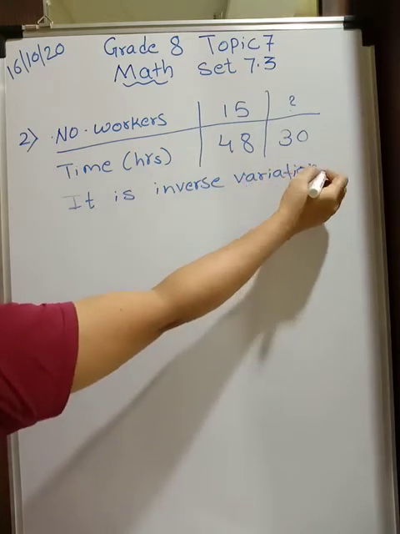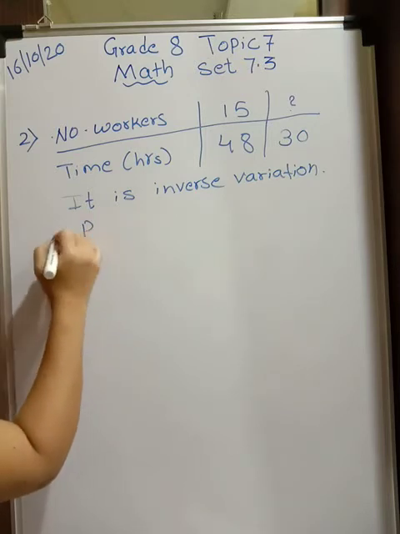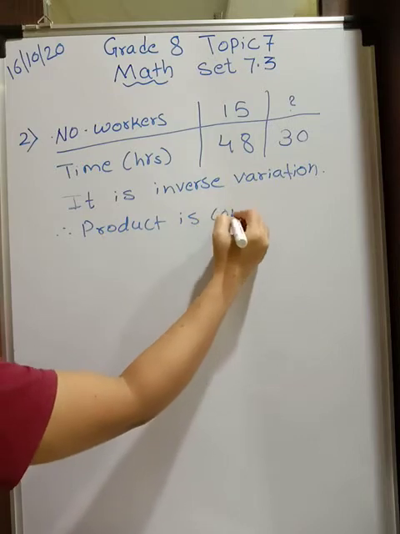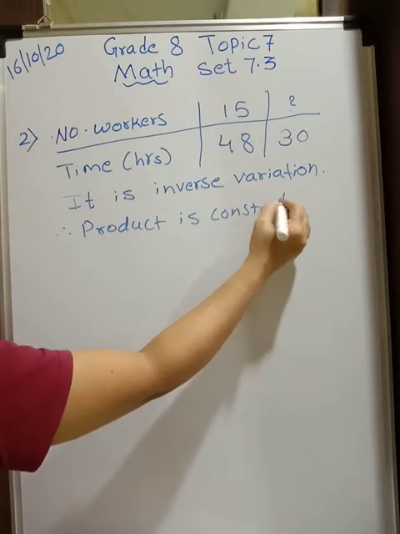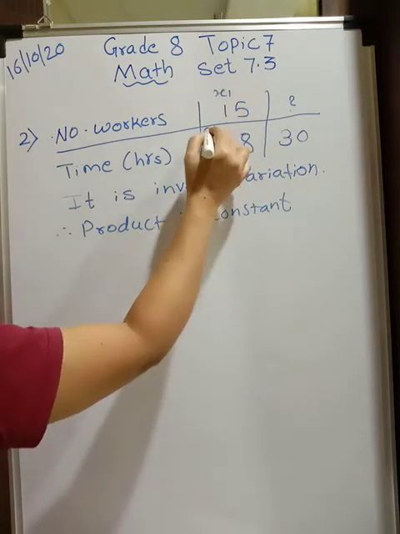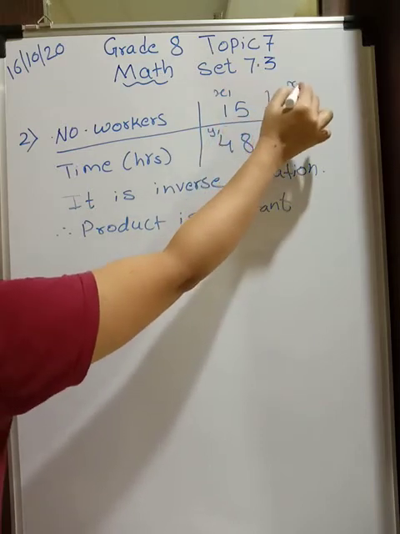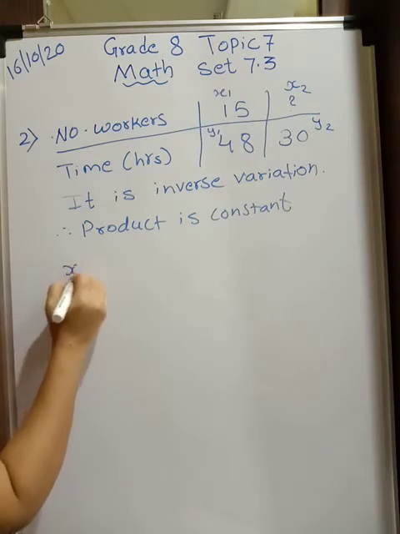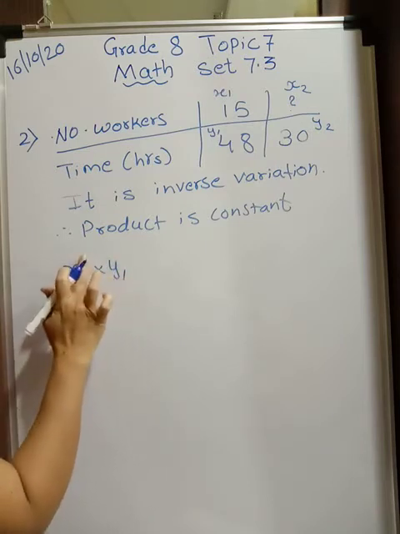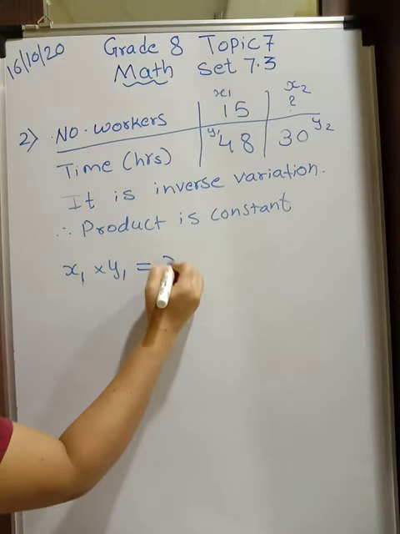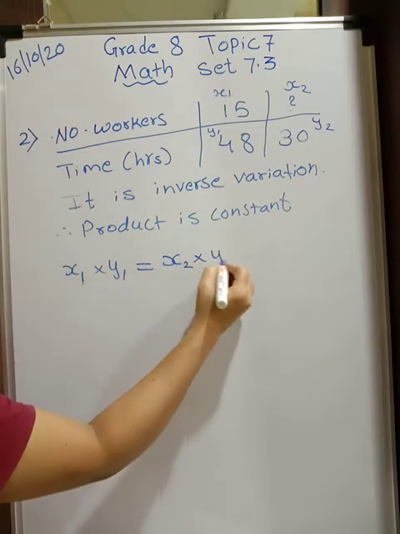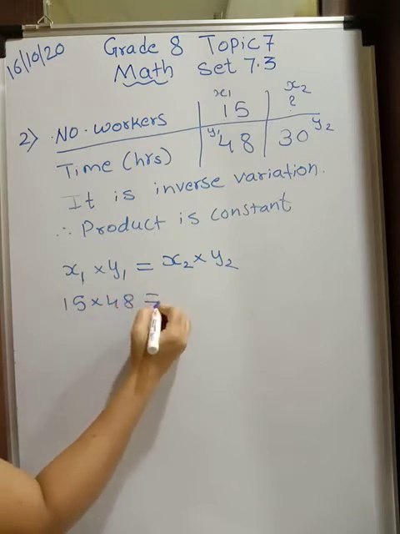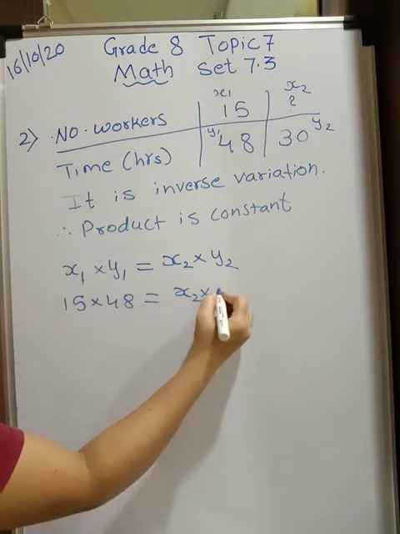So what will be constant? Again, therefore, product is constant. So let us suppose this as x1, this is y1, this as x2 and this as y2. Alright. So what do we have? x1 into y1 will be equal to x2 into y2. So substitute: 15 into 48 is equal to x2 into 30.